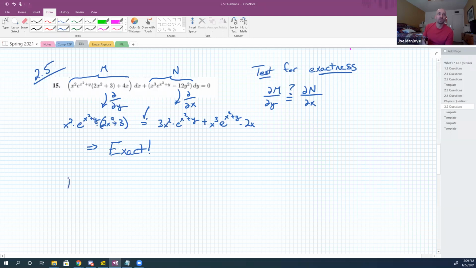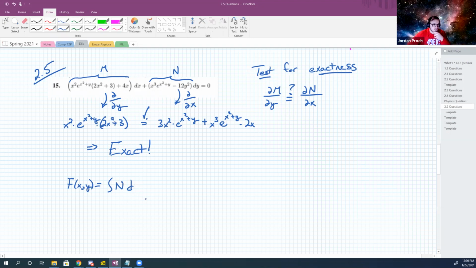So I'm going to say, all right, so I have a function f of x and y that should equal, well, the integral of n d, and this is where I have to think just a little bit. Which variable did we differentiate with respect to here for this guy?